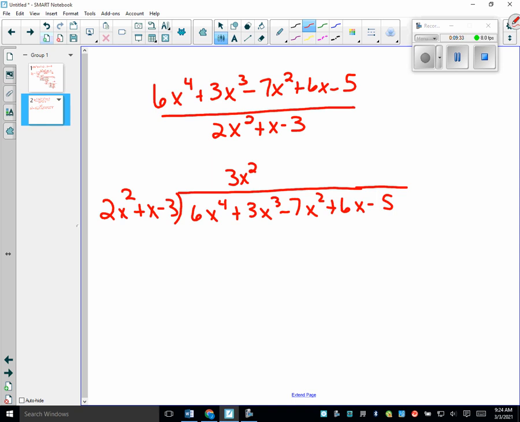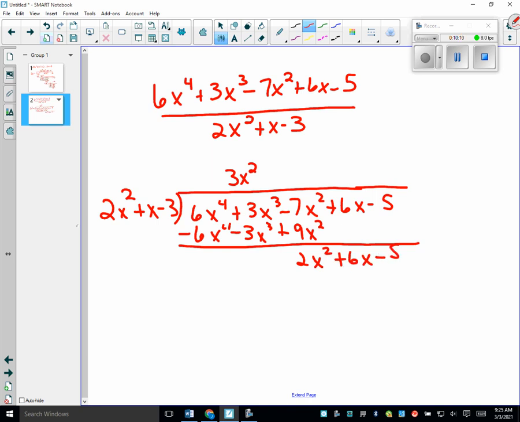So 3x squared times negative 3 is negative 9x squared, right? 3x squared times x is 3x cubed. And 3x squared times 2x squared is 6x to the 4th. And I change the signs and add. What do I get? 2x squared plus 6x minus 5.